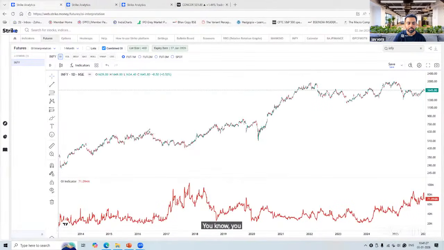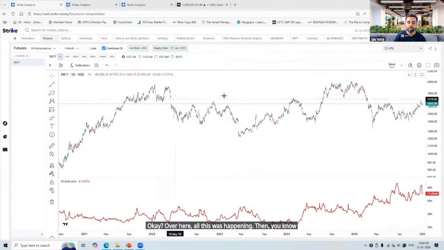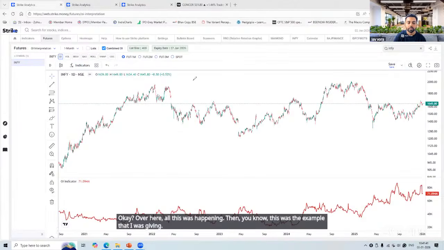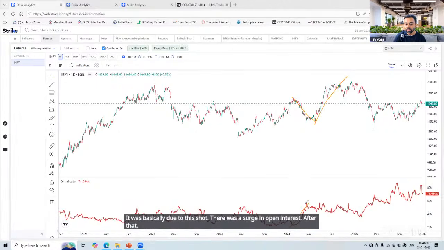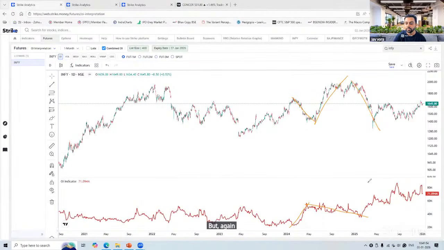You see this correction, open interest surge, then the rise is on the back of short covering. Okay, over here all this was happening. Then this was the example that I was giving, where it was basically due to this short that there was a surge in open interest. After that, there was a big move that led to short covering. But again, in this fall, it further raised the open interest higher.